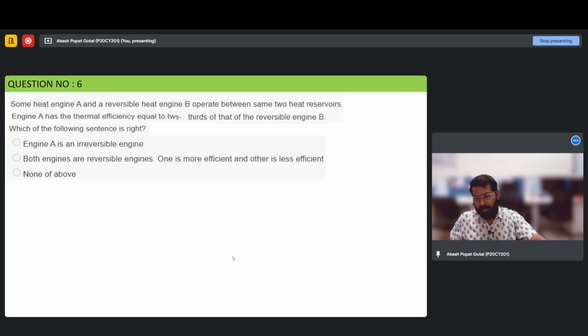So in this problem, some heat engine A and the reversible heat engine B operate between the same two heat reservoirs.